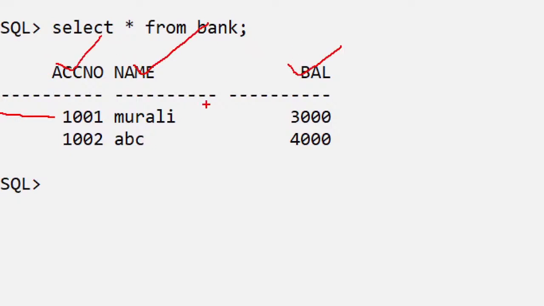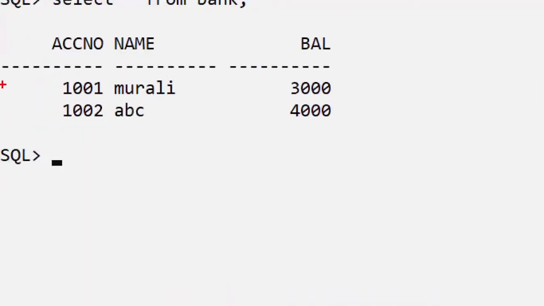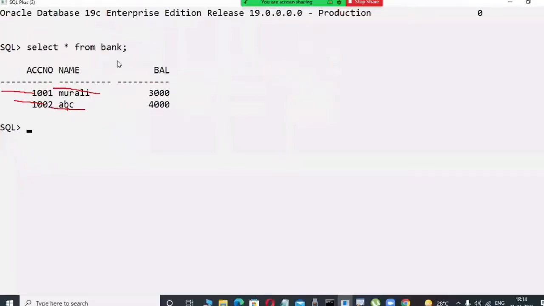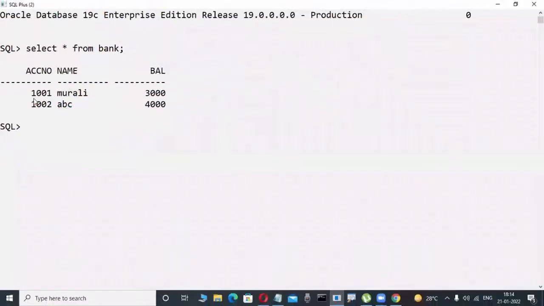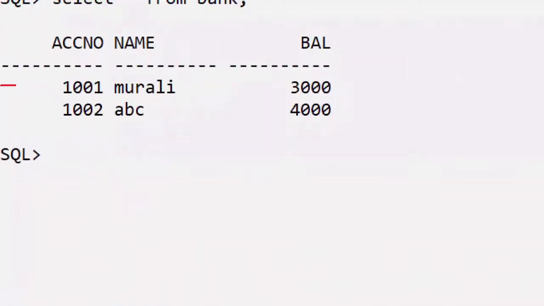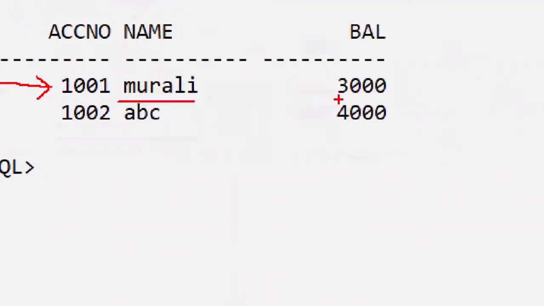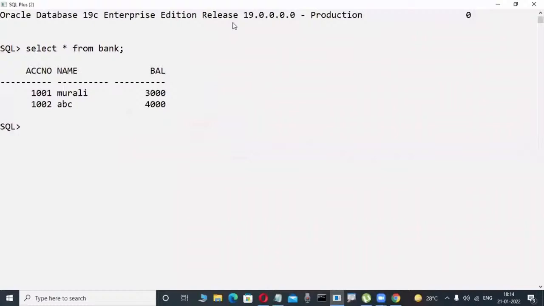Here, 1001 and so on are called rows or data. 1001 is an account number, my name is Murali and I am the account holder. My balance is 3000, for example.